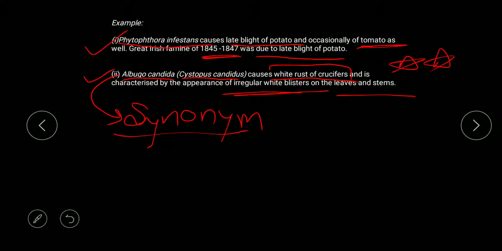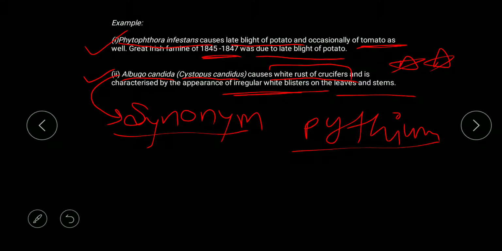There are some other Oomycetes like Pythium debaryanum, which is also an example of Oomycetes. Now let's recollect what we have studied in Oomycetes. The cell wall is not made up of chitin, it is made up of cellulose and glucan derivatives. They have an asexual spore, the zoospore, and obviously it is a motile spore.